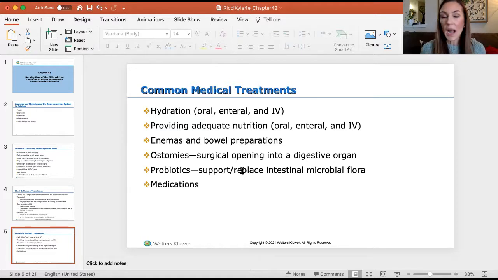Also, a brat diet is not recommended for rehydration. So just know that if you have a dehydrated patient, a brat diet, B-R-A-T, which is bananas, rice, apples, toast, is a gut diet, but it's not a diet for rehydration.